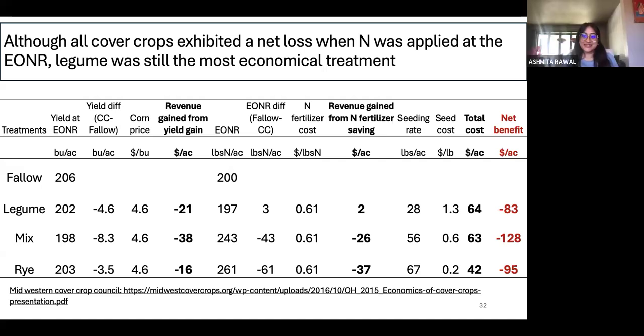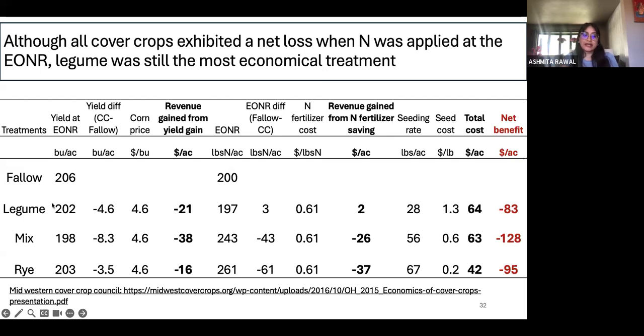It's sad to see that we're going to lose money, but still, I think legume is more economically beneficial compared to the other cover crops. With growers, I would say we need more research.